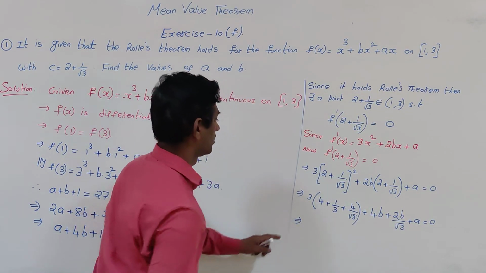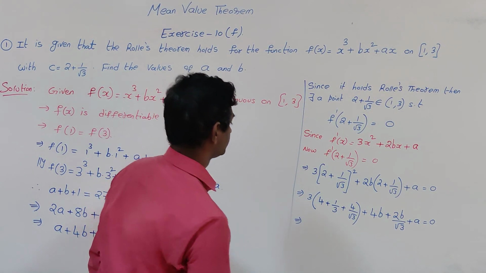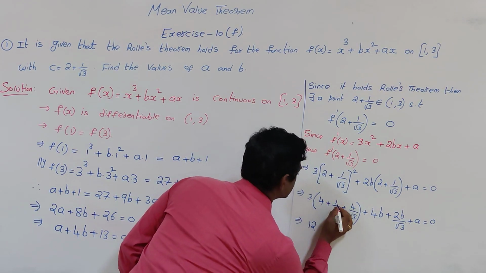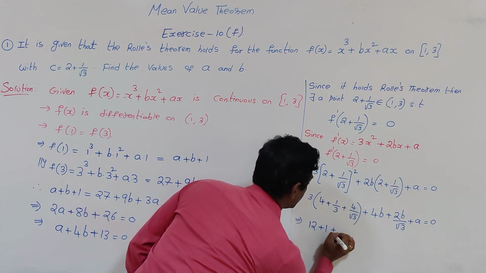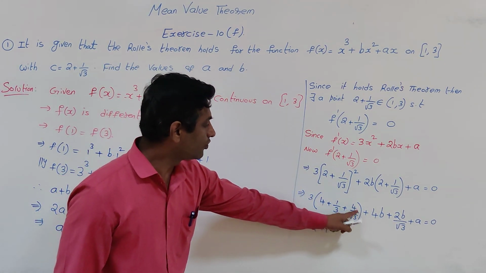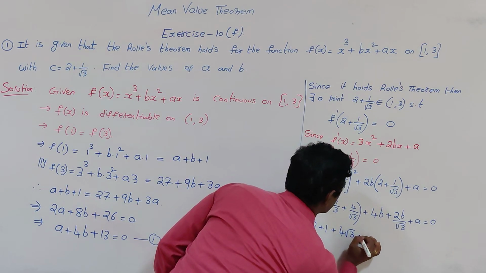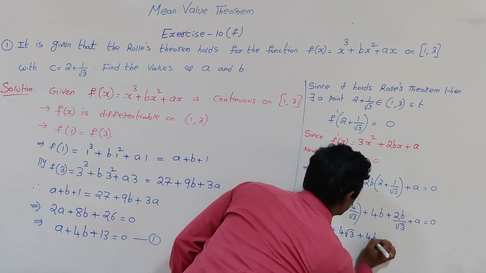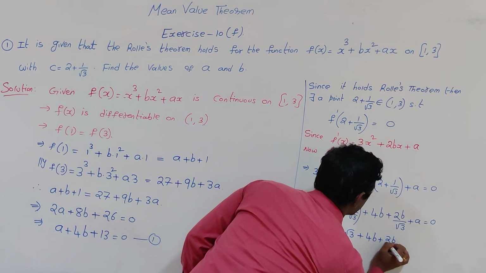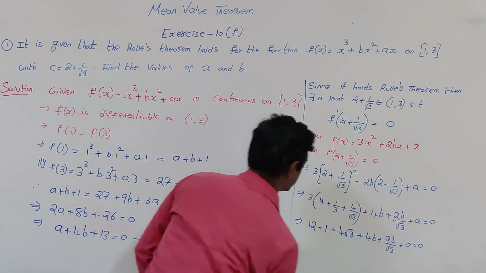Now 4 threes are 12, plus 3 into 1 by 3 is 1, plus 3 times 4 by root 3 gives 4 root 3, plus 4b plus 2b by root 3 plus a is equal to 0.